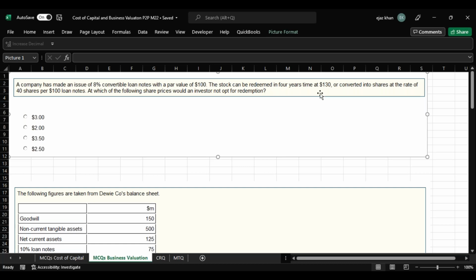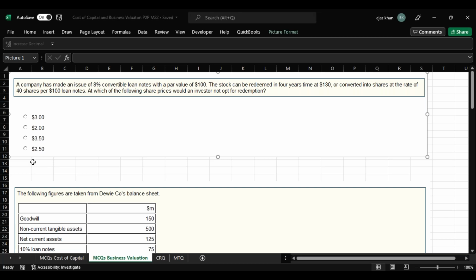They may redeem it at $130 in 4 years time. So either the investors will get this cash value of $130, which we call redemption value, or they may convert loan notes into 40 ordinary shares of the company, right? So the investor will be doing whatever he or she feels is beneficial for him or her.